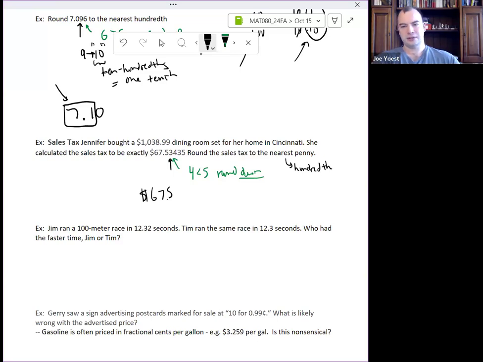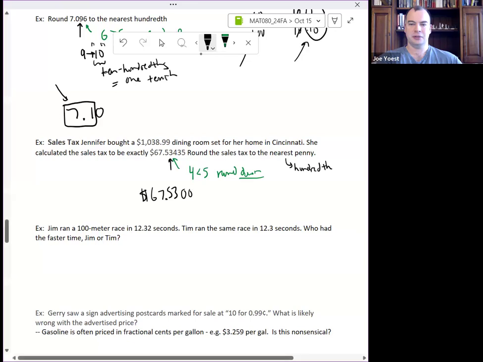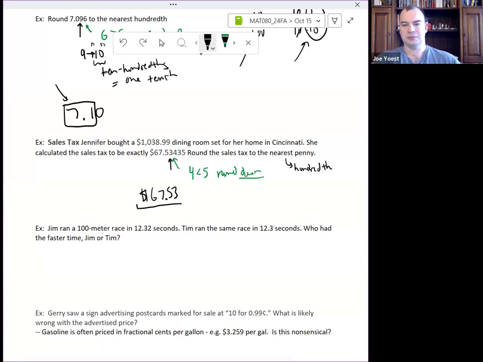Since I rounded down, the 3 stays the same as well. And all the numbers to the right, we could say they turn into zeros, but since these are zeros to the right of the number after the decimal point, we just don't write them. So this would round down to $67.53.